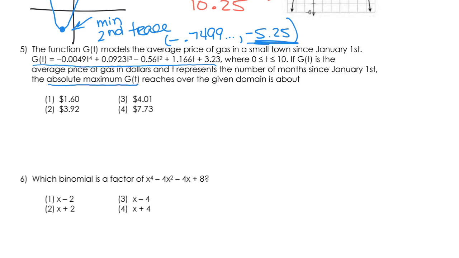Let's go ahead and graph it, and maybe we can get a visual and then think more about what they're asking us. So in my calculator, I'm going to type this long equation in.